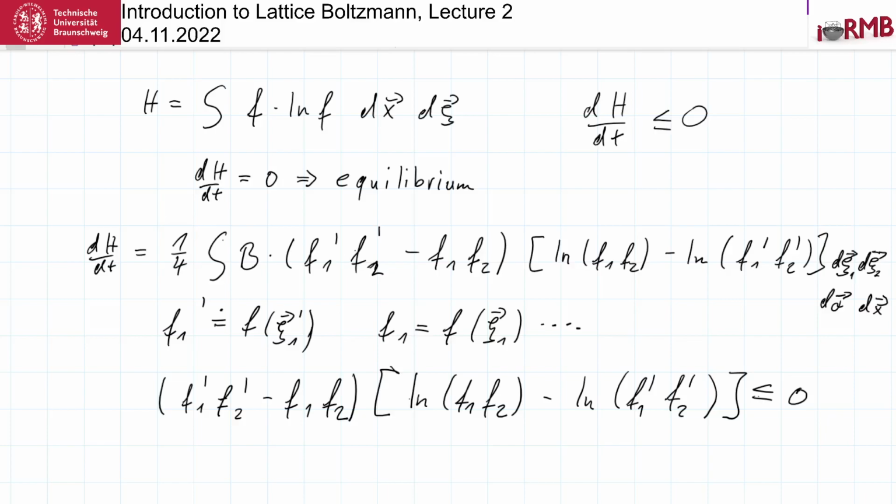So up here for the eta, we had the integral over the entire space over all the velocities.